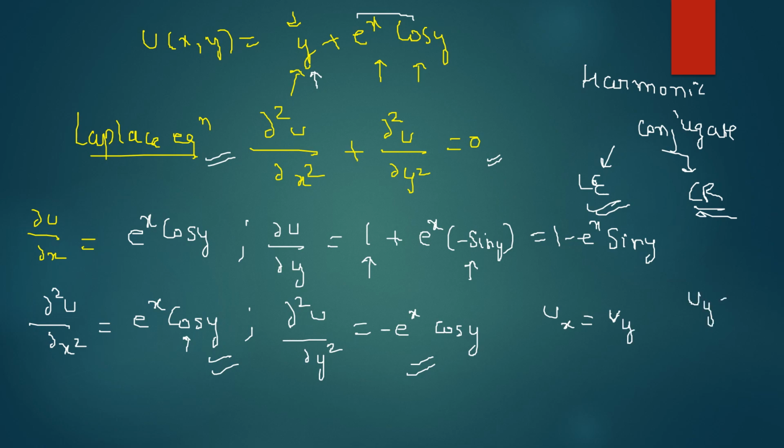And uy is equal to minus vx. Okay? Are we given vy and vx here? No. So we have to find vy and vx using the Milne Thomson method. Once you find that analytic function using the Milne Thomson method, then you have to apply it. If the Cauchy-Riemann equations are satisfied, then you can say that this function is a harmonic conjugate, otherwise it is not. Is it fine? Hope you have understood this question.